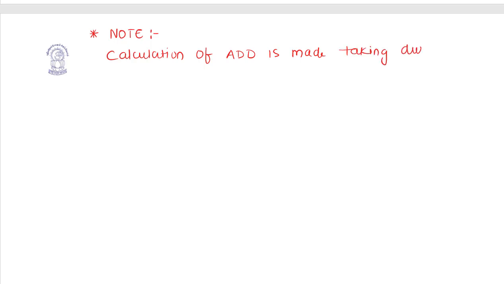Write a note over here. Calculation of average due date is made taking duration in terms of number of days.